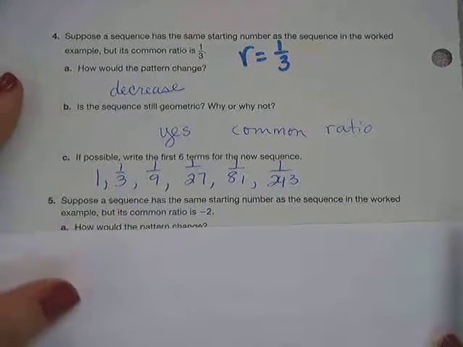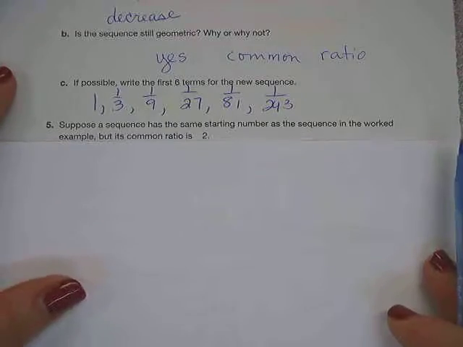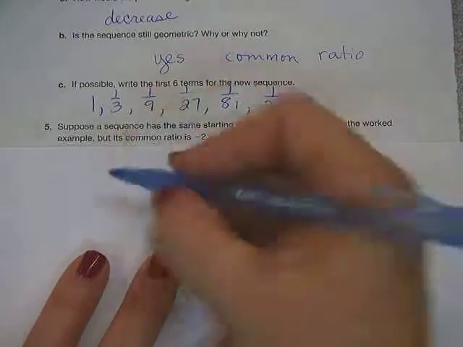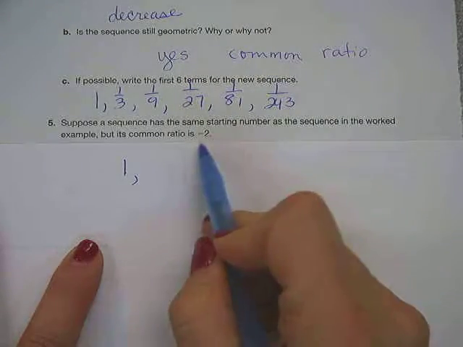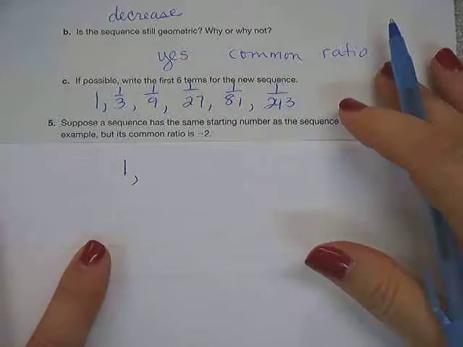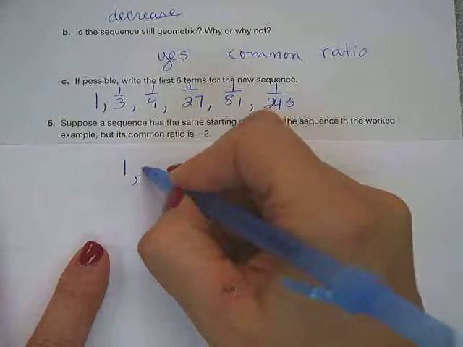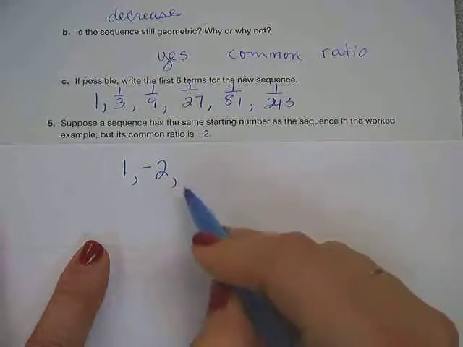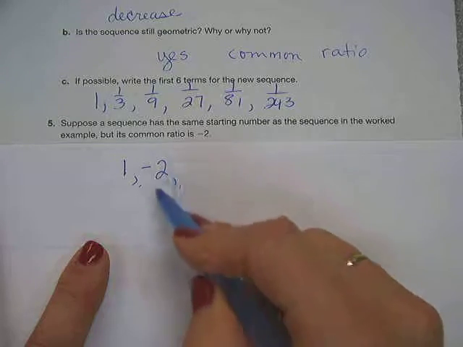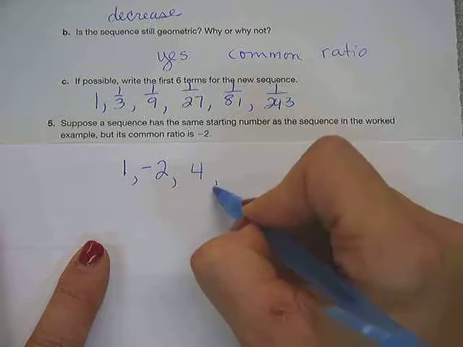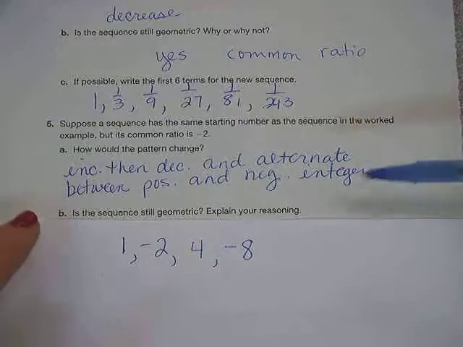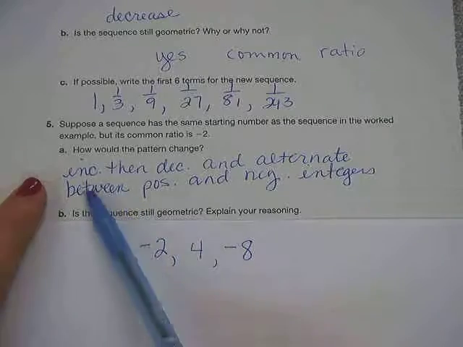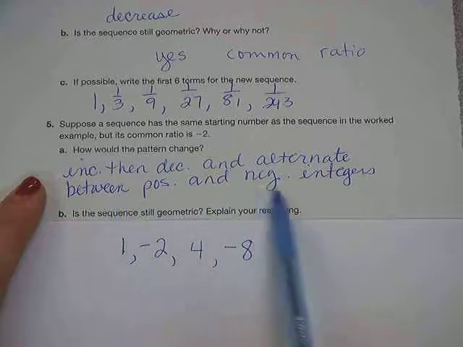Okay. Now, suppose a sequence has the same starting number. So again, we're starting at 1, but this time the common ratio is -2. So what happens when you multiply by -2? Well, the first time you multiply, you get a negative, but the second time you multiply by -2, it's going to flip us back to positive. So when you're multiplying by a negative number, it's going to alternate back and forth between positive and negatives.